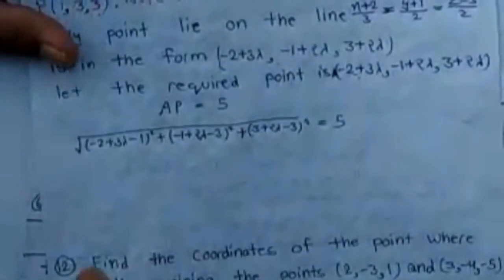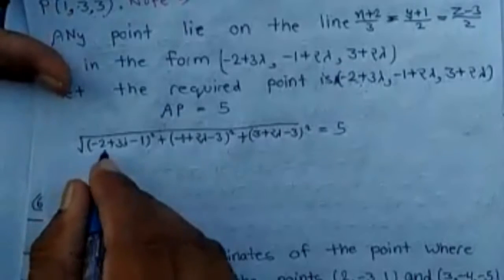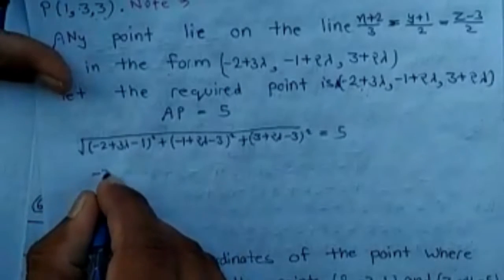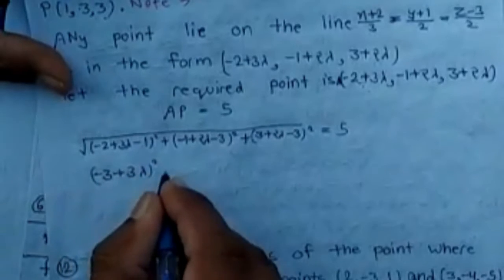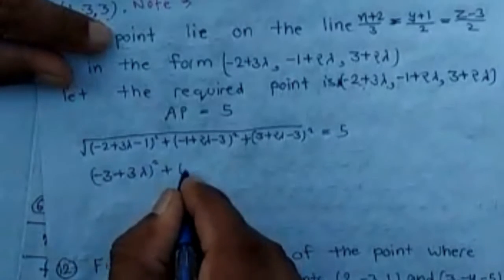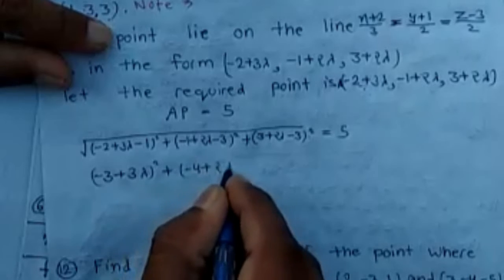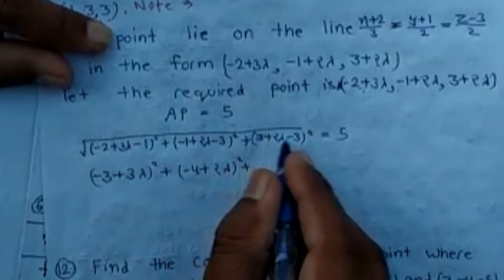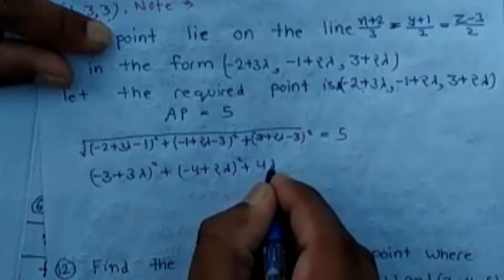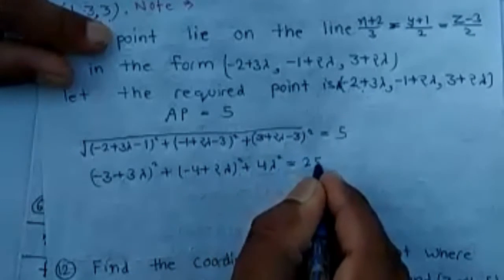Now squaring both sides, we get minus 3 plus 3 lambda, plus minus 4 plus 2 lambda, and 4 lambda square, equal 25.